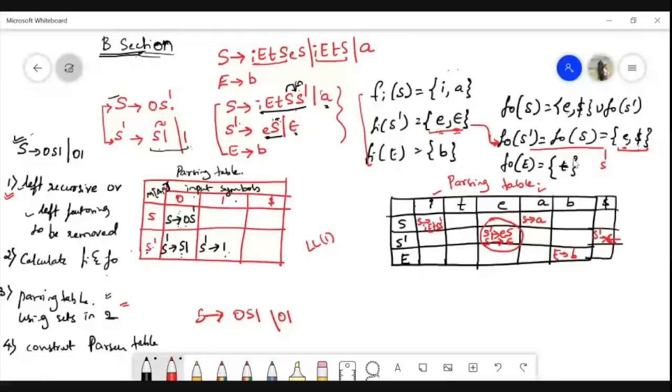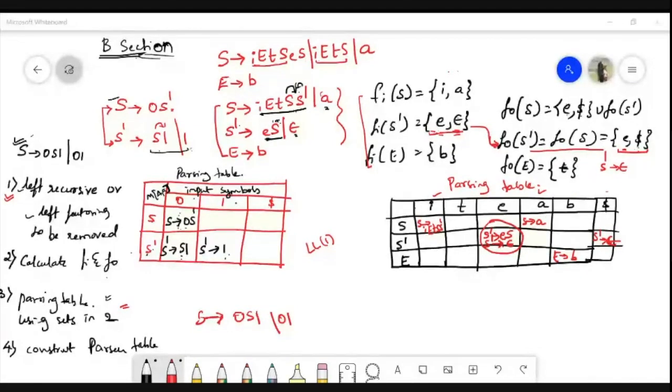Whenever you consider the parsing table, I always have to write that non-terminal giving epsilon under all the terminals which are there in the follow set. So I have to write under E, S dash producing epsilon, and under dollar S dash producing epsilon. But according to the first set also, I have one production here. So there is a confusion.